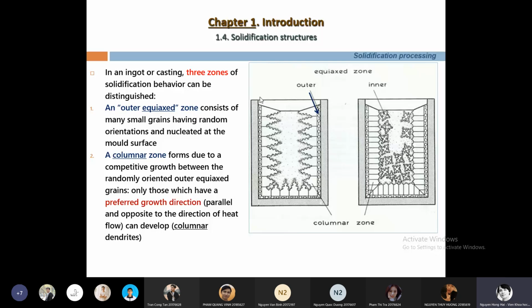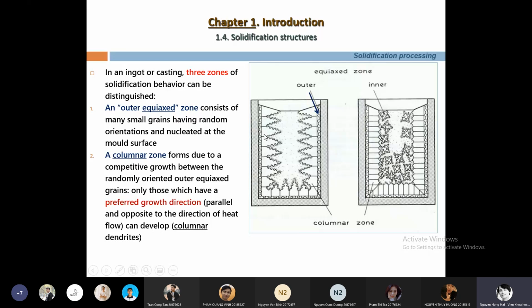So what is the good orientation of the grain here? The good orientation is anti-parallel to the heat flow orientation. It is a preferred growth direction, parallel and opposite to the direction of heat flow.